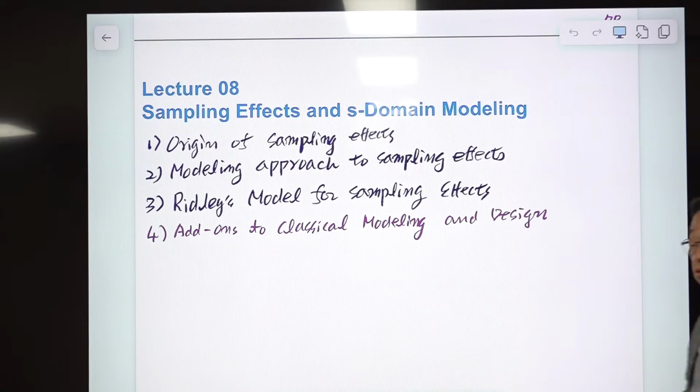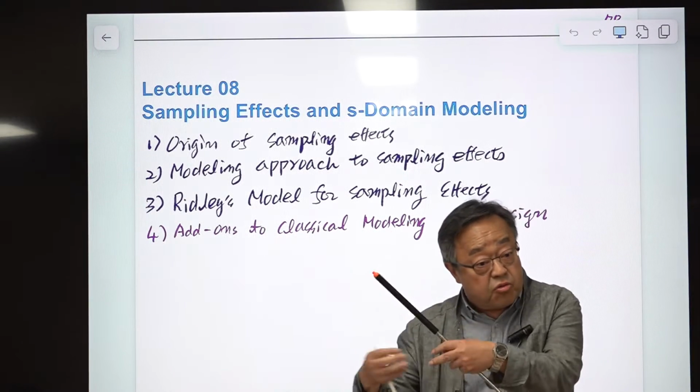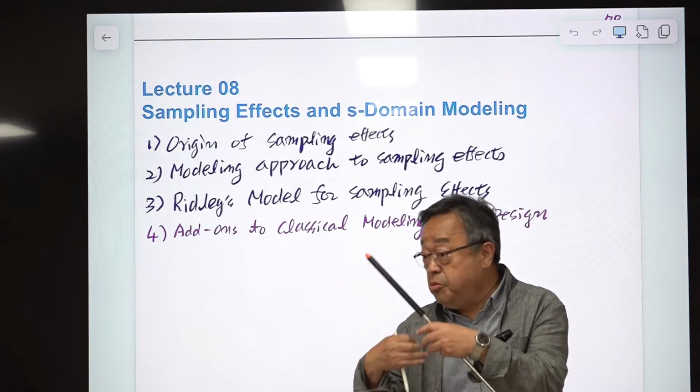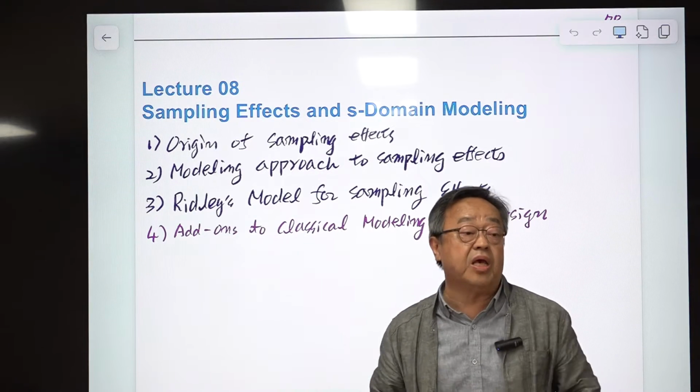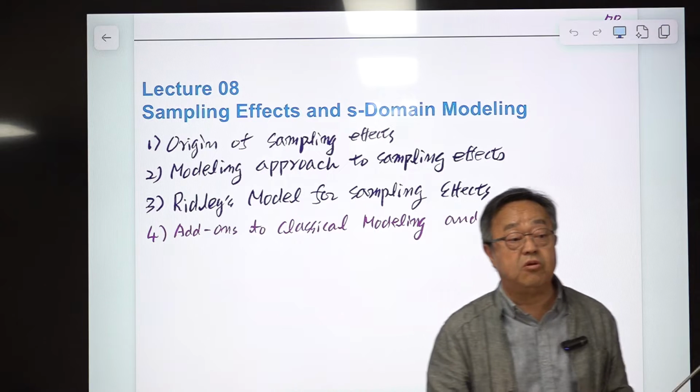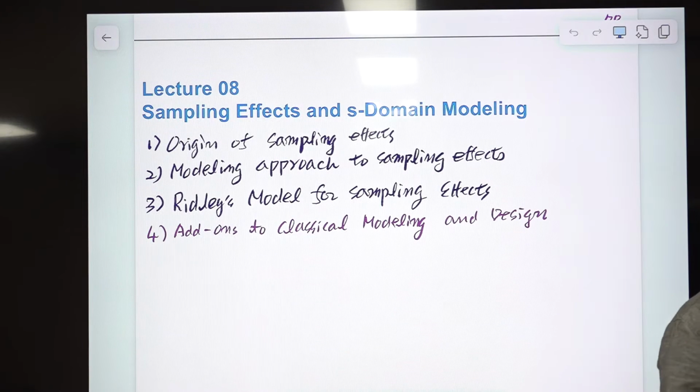An add-on is something you add to decorate or to improve something. In the past, the sampling effect was considered really important, but now I understand this is simply an add-on. It is not absolutely necessary, but it is not bad to know.